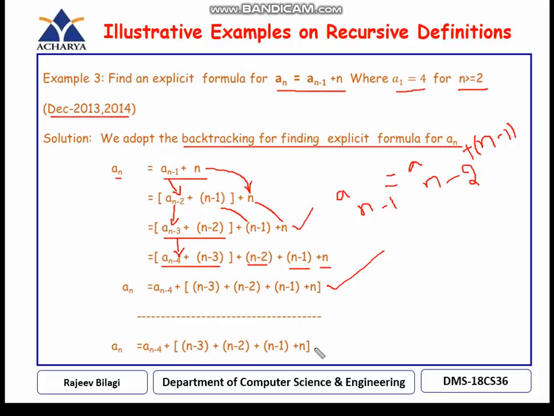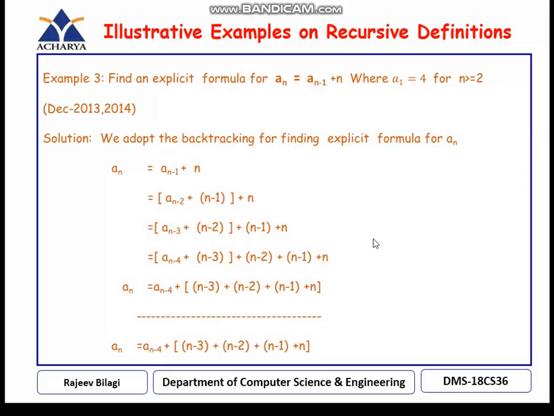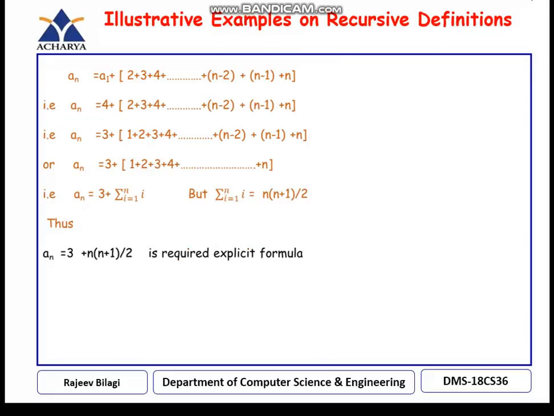If you go on writing further steps, you can continue. But since the value of a1 is given, in order to get the a1 value, I can write up to n minus 4; if n is equal to 5, I will get 5 minus 4, so that is a1. Continuing with the same step, an equals a1 plus 2 plus 3 plus 4, and so on up to n minus 2 plus n minus 1 plus n.